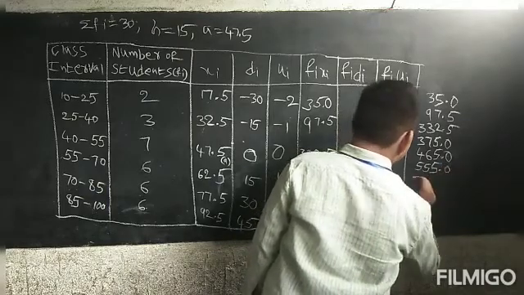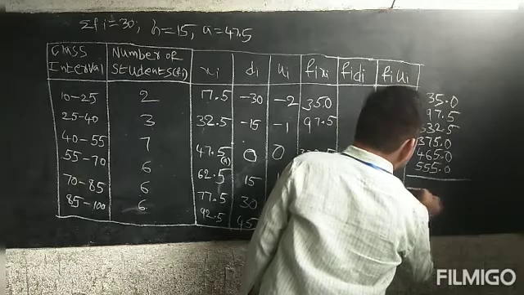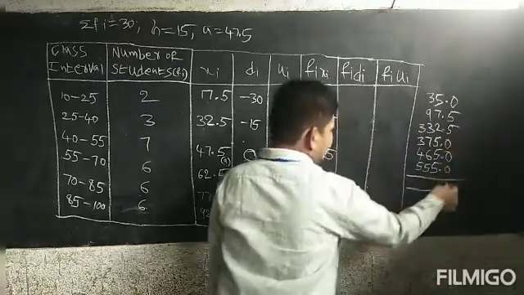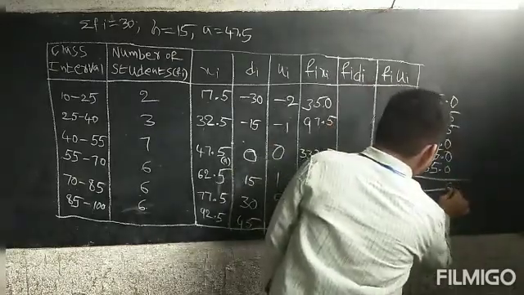Okay, now add the total numbers. 5 plus 5, 10.